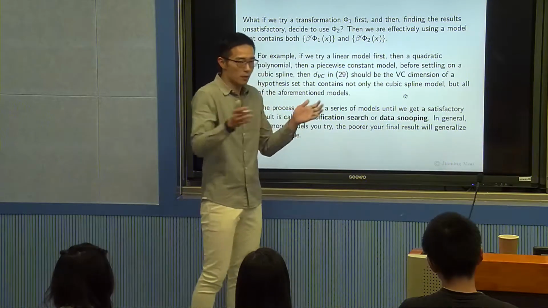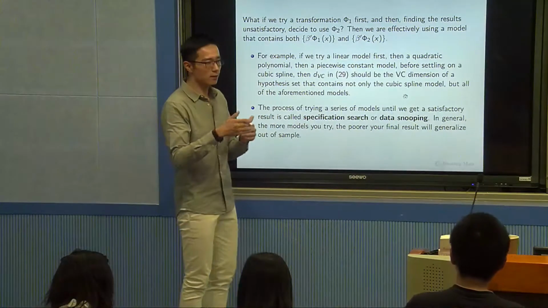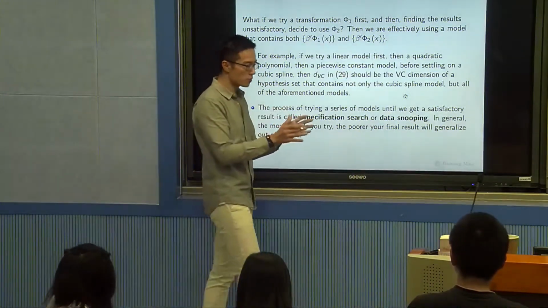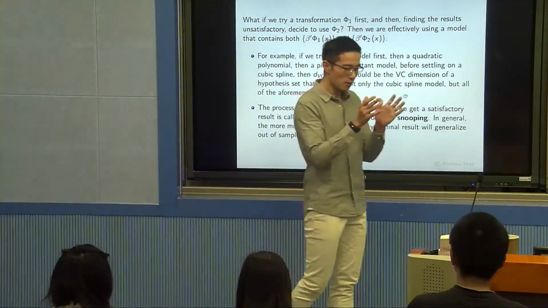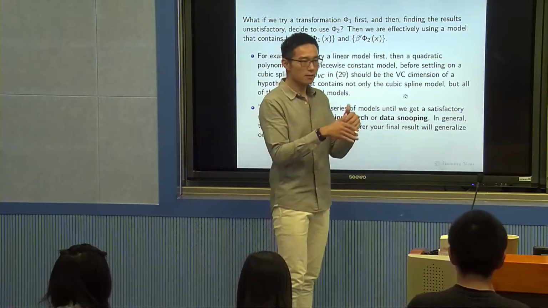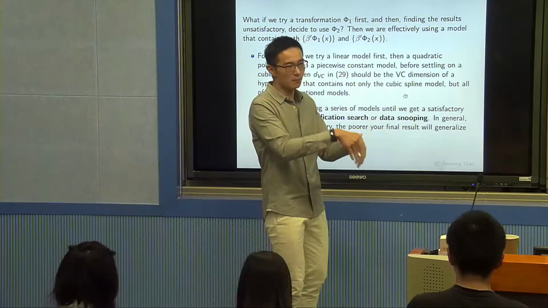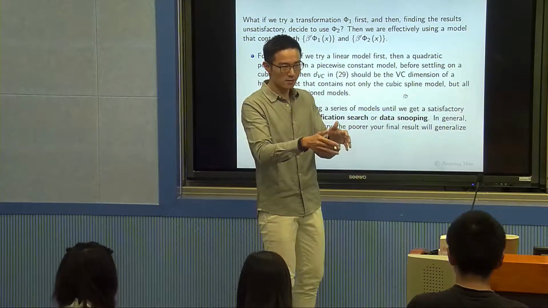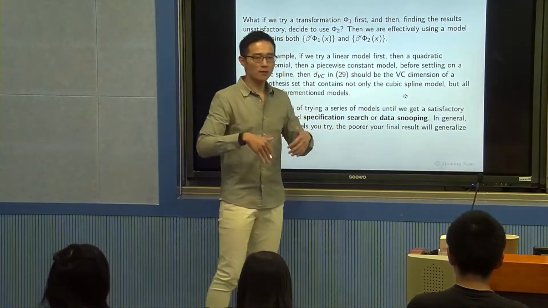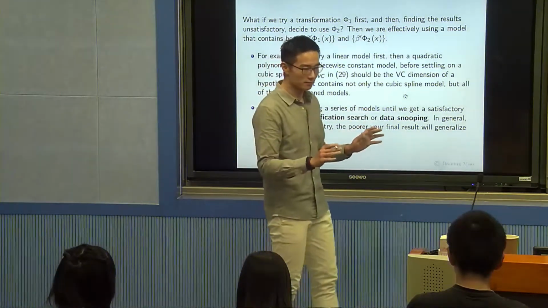Let's do a piecewise polynomial. That fits the data even better. So in the end, if the person chose a piecewise polynomial, it's the result of fitting a linear first, then a polynomial second, and then a piecewise polynomial in the end. So in that case, what is the true VC dimension of that person's model?